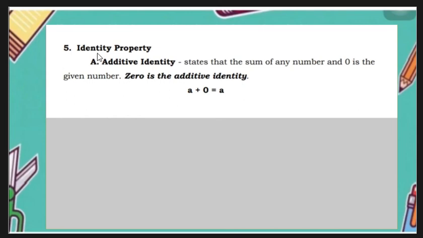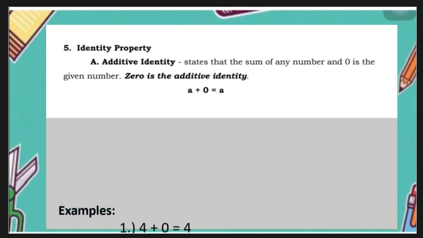If it is additive identity, therefore A plus 0 is always equal to A.